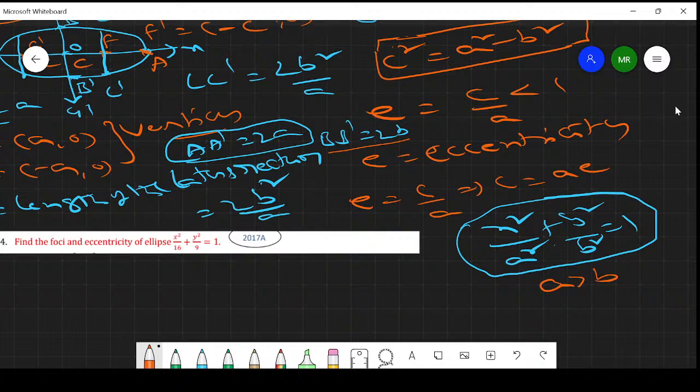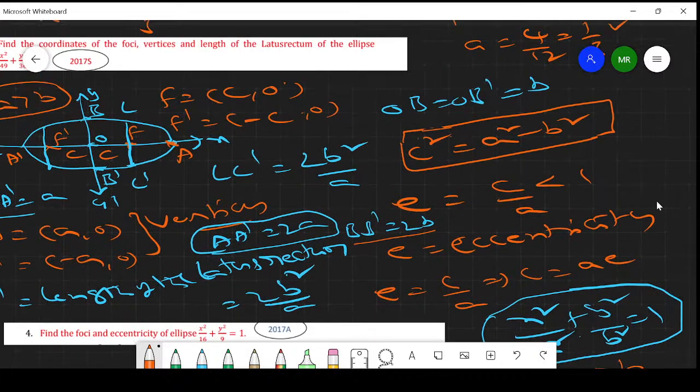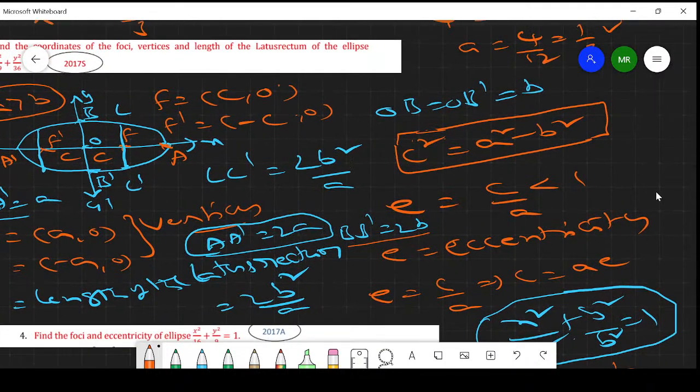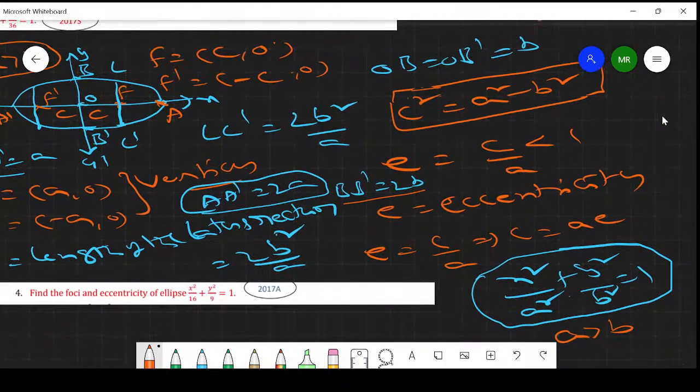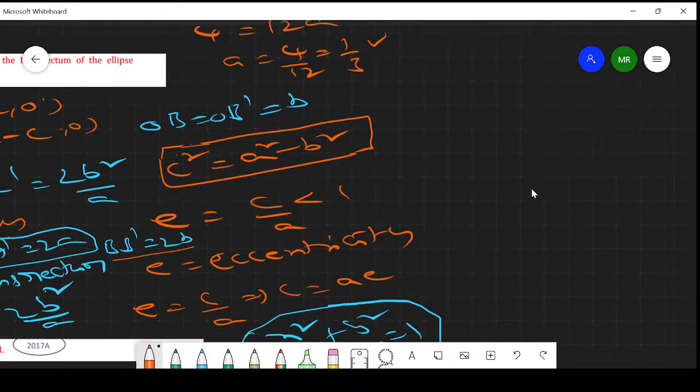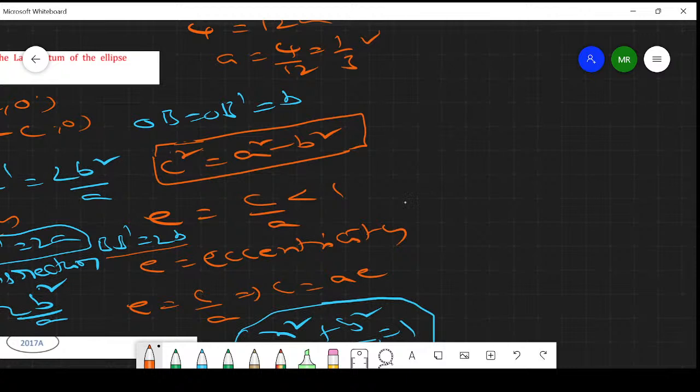Now I am going to solve the given problem. The problem is x square by 49 plus y square by 36 is equal to 1. They are asking for the foci, vertices and length of latus rectum.